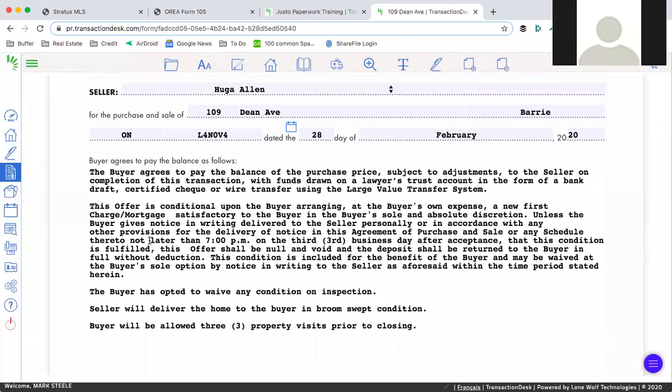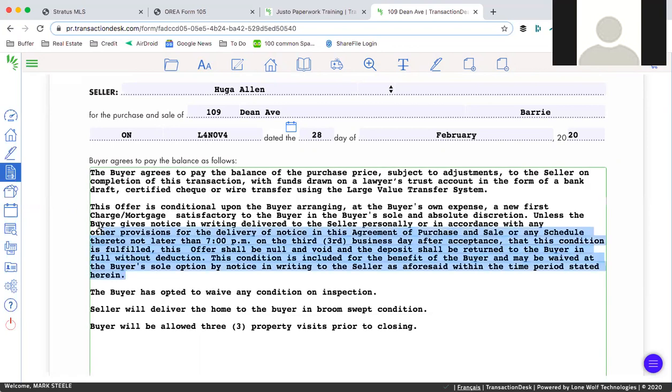So for this one, I used offer conditional on the buyer arranging a first mortgage, and they're going to arrange it by 7 p.m., 3 days after acceptance of our offer. So I'm going to copy and paste that one. We didn't use an inspection condition because we want to make it as strong of an offer as possible. Saying we don't need an inspection, the only thing we need to do is confirm our financing.